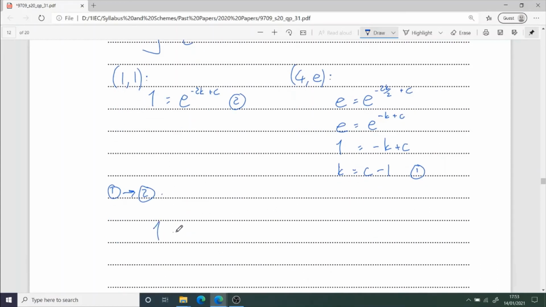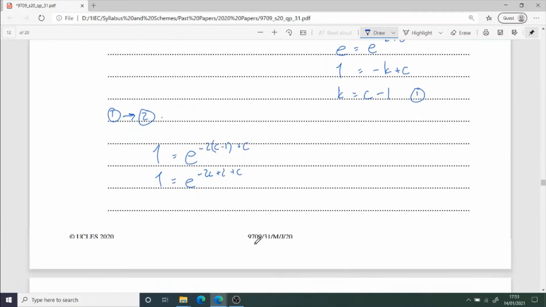So we have 1 is equal to e to the power of minus 2 times c minus 1 plus c. So 1 is equal to e to the minus 2c plus 2 plus c.